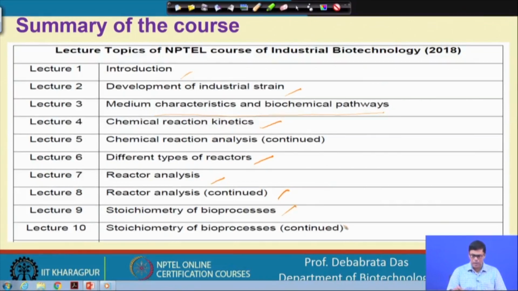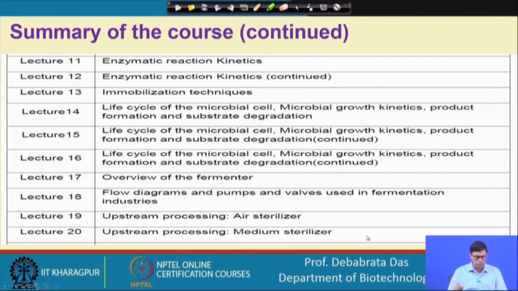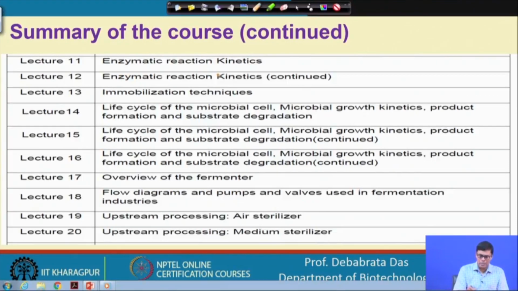Then stoichiometry of bioprocess, I told you, is very important. The reason is that the stoichiometry gives you the theoretical yield of the process, so that plays a very important role as far as the fermentation process is concerned. Then enzymatic reaction kinetics, that is reaction kinetics, we discussed in 2 lectures. Then the immobilization technique.